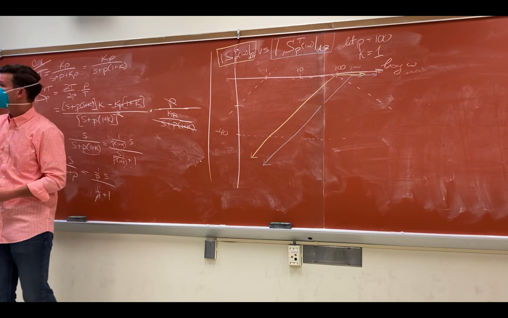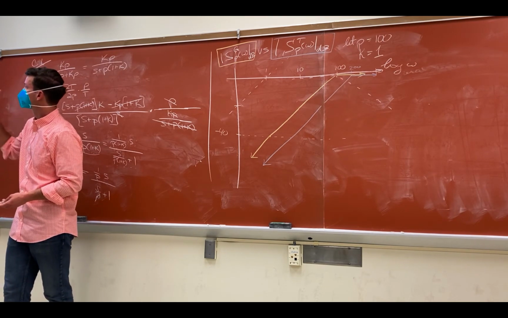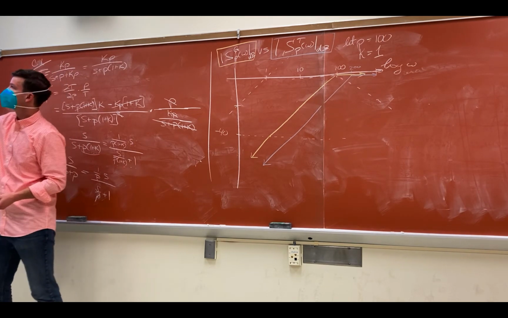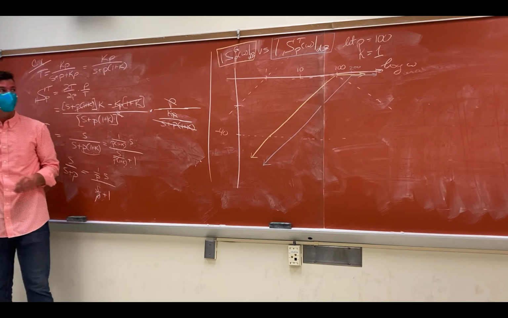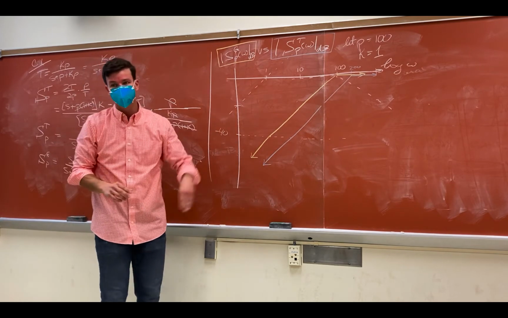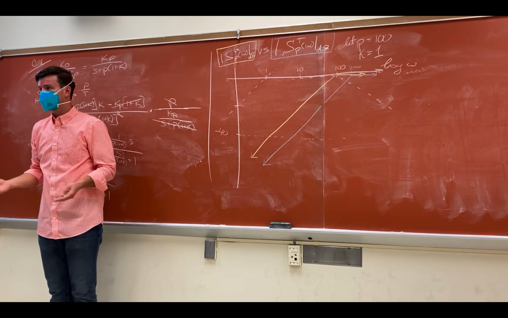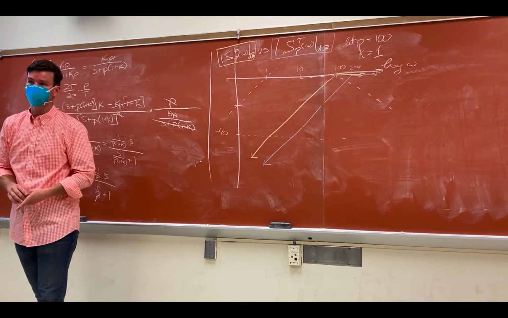If we were going to be operating this system, the choice is between these two systems, and we were going to be operating it at high frequencies, does it matter? Not in terms of sensitivity.